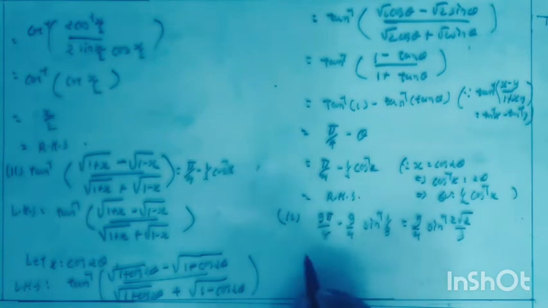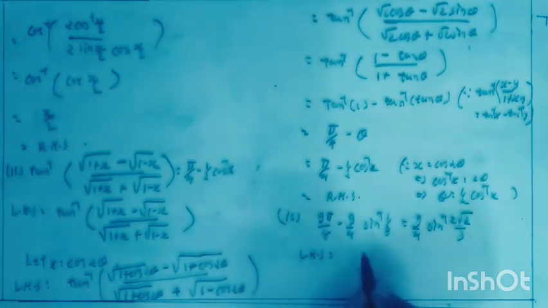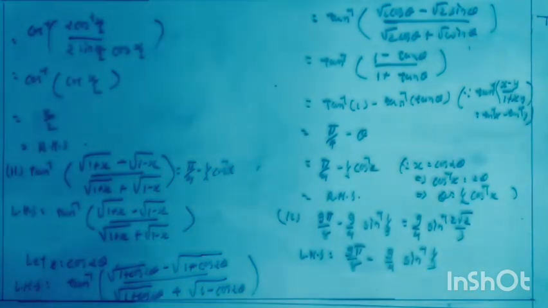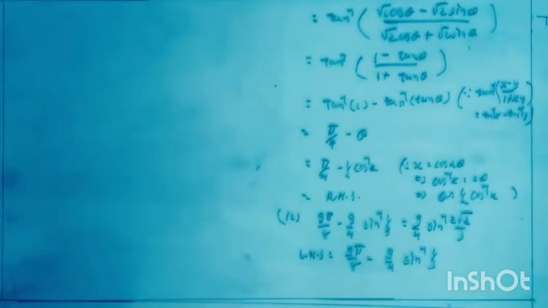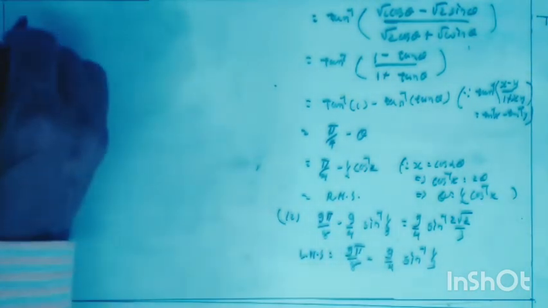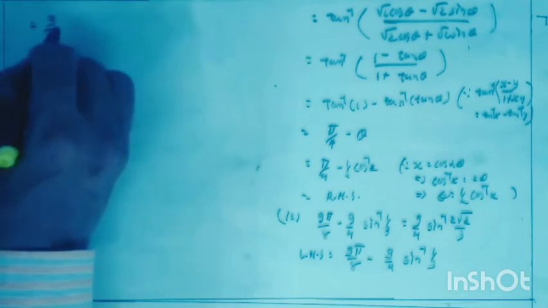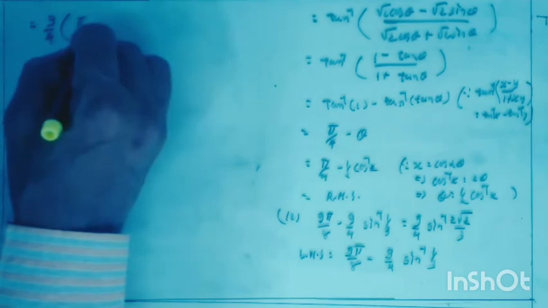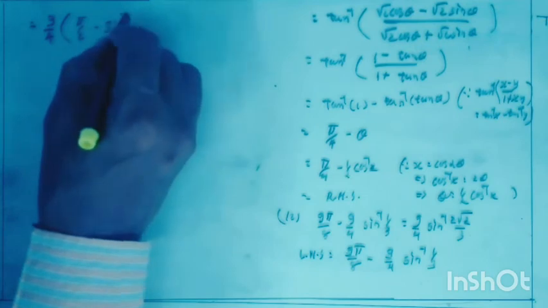Here we take the left hand side: 9 pi upon 8 minus 9 upon 4 sin inverse 1 by 3. From these two terms take 9 upon 4 common, so we get 9 upon 4 into bracket pi by 2 minus sin inverse 1 by 3.